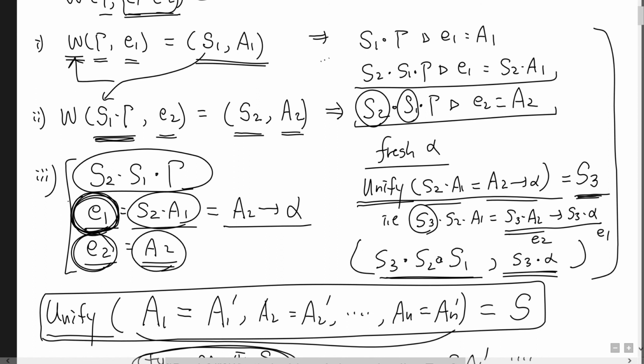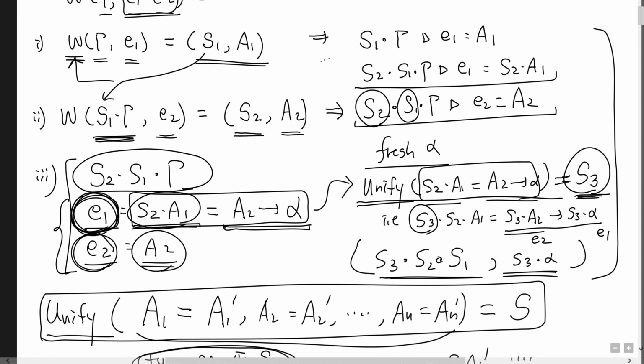And in order for the whole lambda application to be well typed, expression E1 must have this form. So we call this unification algorithm with this type equation. If this unification algorithm returns type substitution S3, then E1 has this type, or this one.